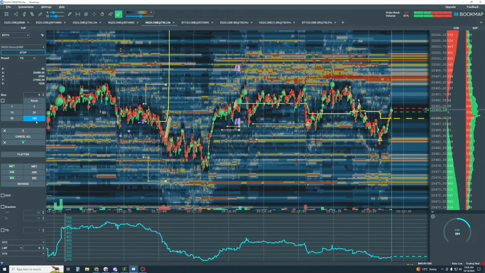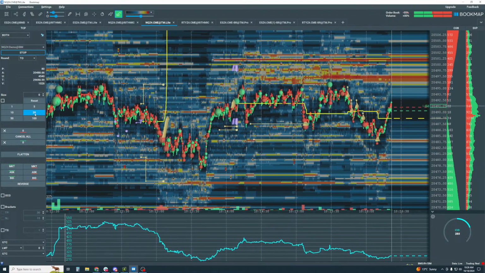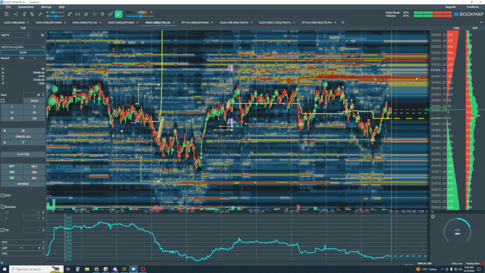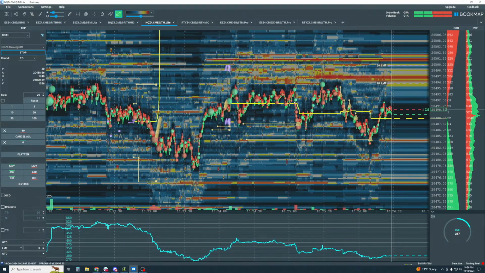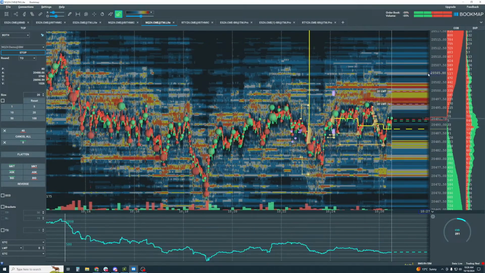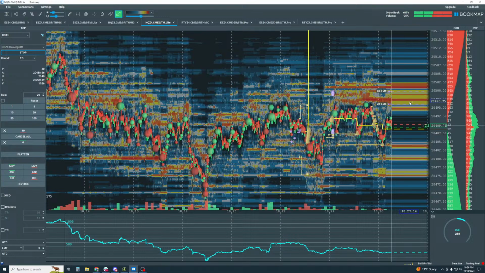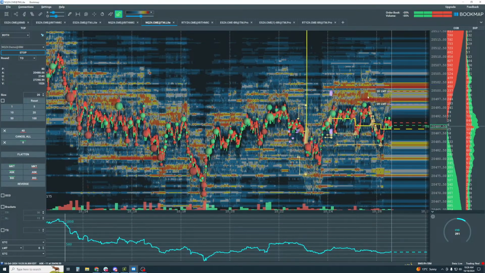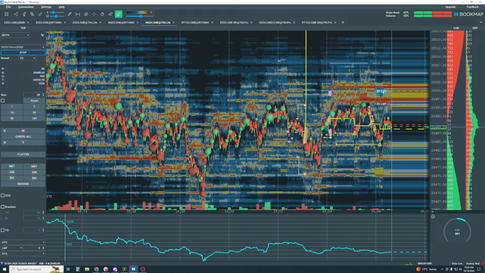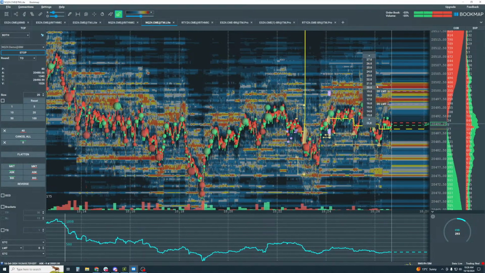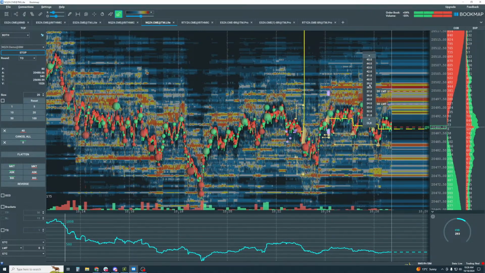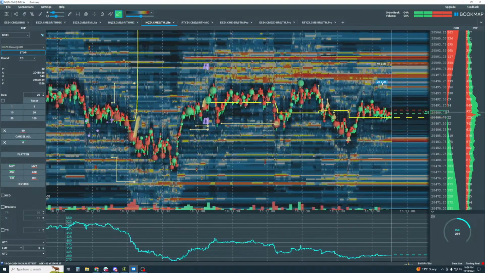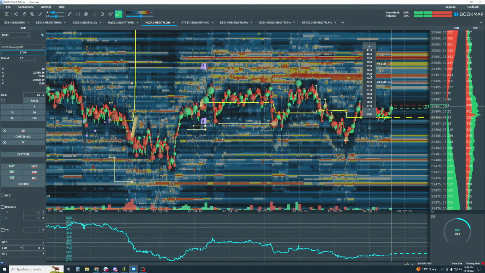Also, you're going to have to start to think about, and we'll learn from some of these larger institutional players. A lot of them will think about, okay, where do I want to get out? Let's suppose it's up here. That's the first thing they may put into the market. In fact, we have a 40 lot here and another 40 lot here.